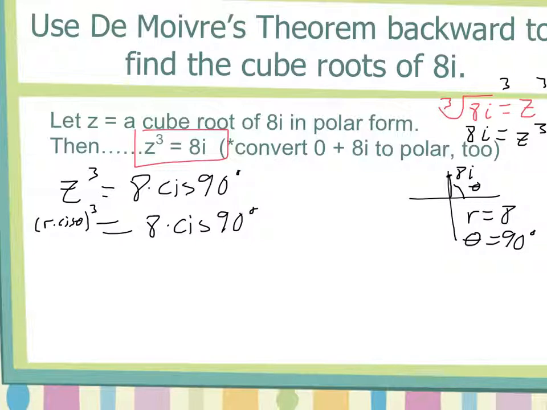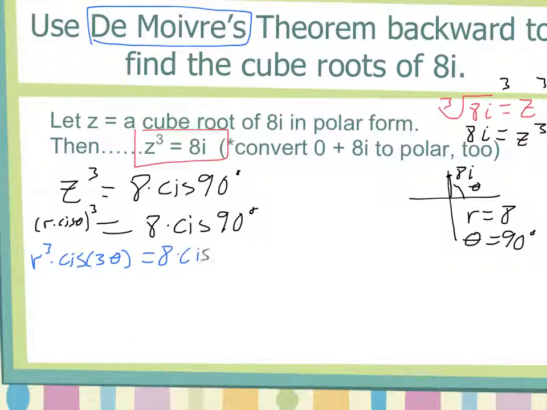Which I've just shown on my little diagram over here is 8i, 8 cis 90. Now here's where de Moivre's theorem comes into play. This stated that when a complex number is raised to a power, this is r to the third cis 3 theta. Okay, this is really the key right here to get both of these sides in this matching form.